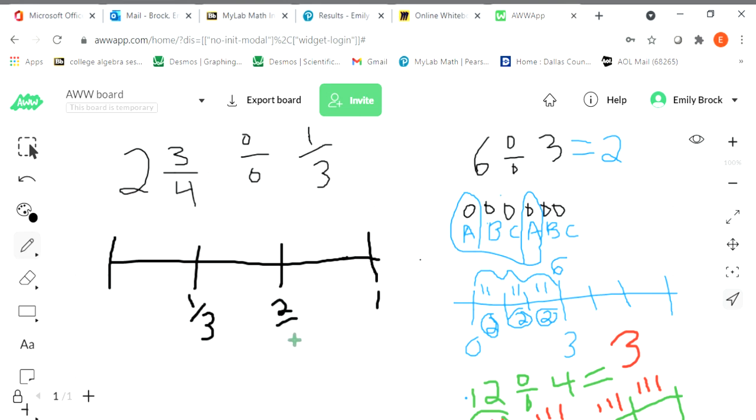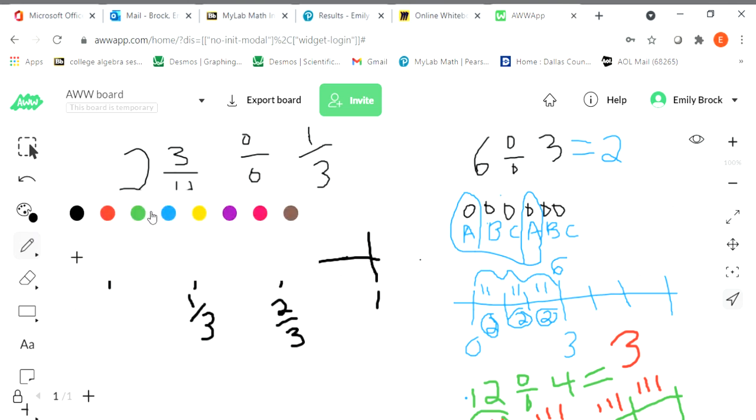But what I'm going to want to know is how much 1 whole gets. You could think of this as a third of a recipe. A third of a recipe takes 2 3/4 cups of flour. How much would 1 whole recipe need? That might be one way to think of it.